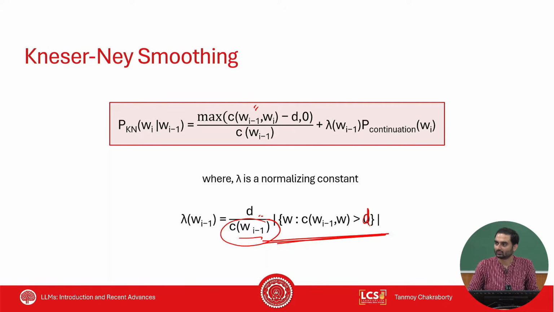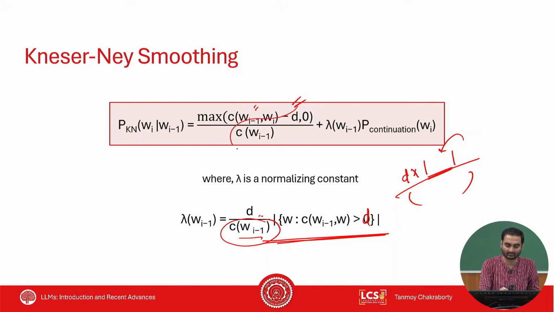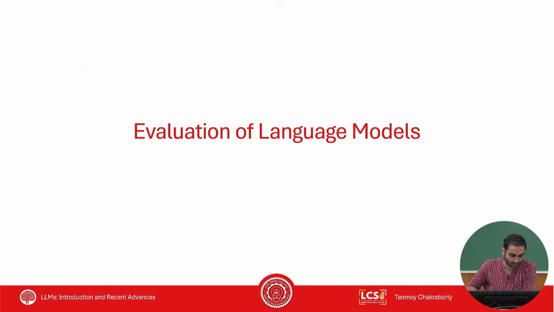The count is basically the sum of values of the row. Okay. So the numerator would be D times the mod of the set for which this condition is applied, by the total count, because this part is discounted and this part is adjusted here. And if you do the math, you will see that this will always guarantee that this is 1.